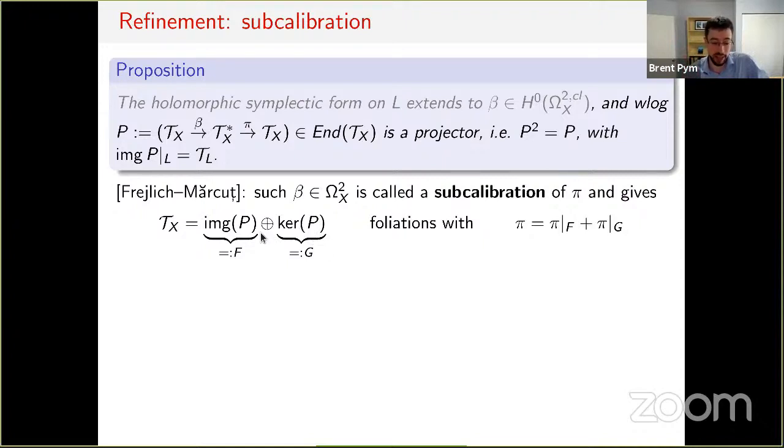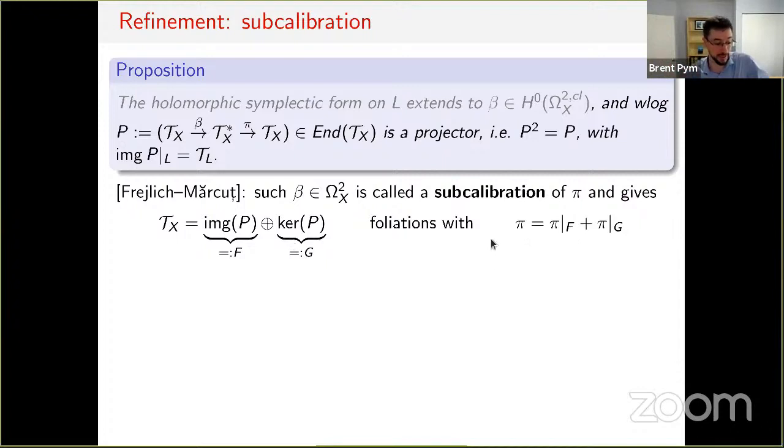And in fact, in the compact Kähler setting, both of these subbundles are integrable. So they define transverse foliations of the Poisson manifold.